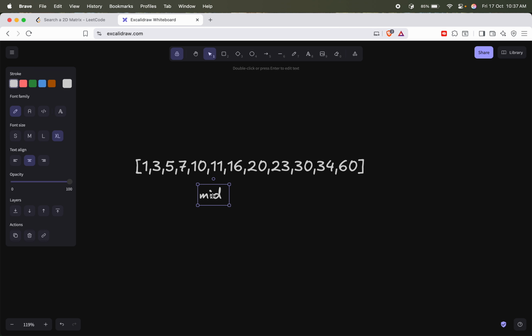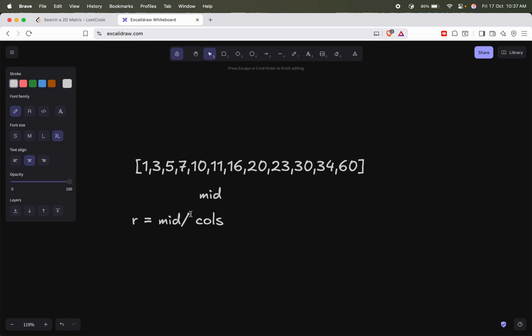Since each row contains n columns, the row which mid belongs to is mid divided by the number of columns.